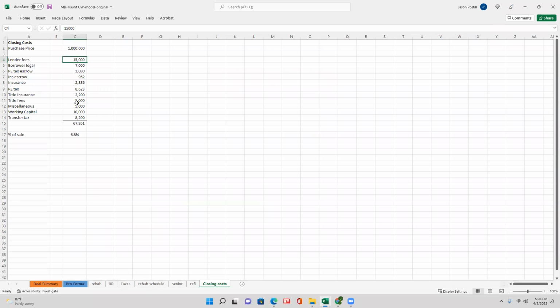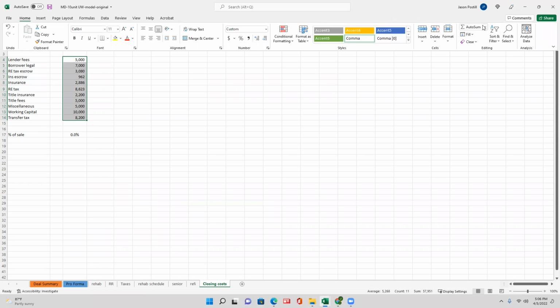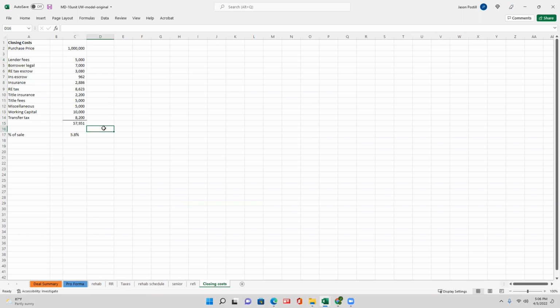Okay. And there is a tab for this, but lender fees might be like $5,000. Purchase price is $1 million. So 5,000. Escrow. I don't know if, see some, oh, it is 57,000.